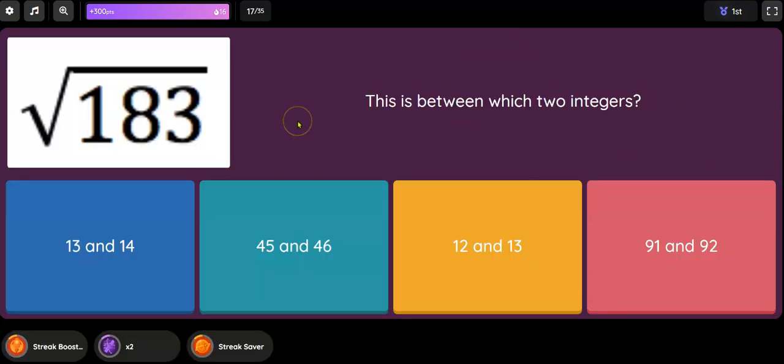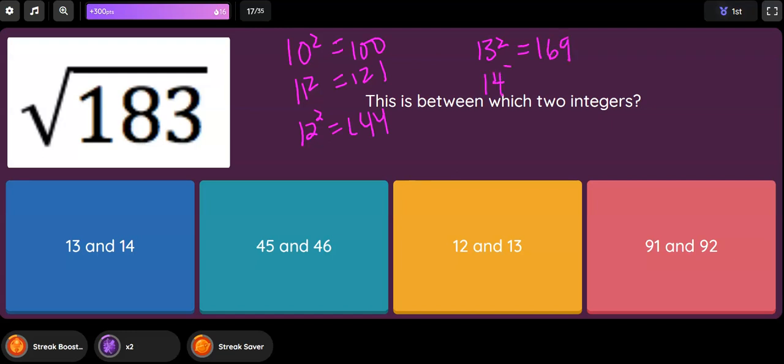For this question, you're asked to memorize the perfect squares from 1 to 15. Like 10 times 10 is 100, 11 times 11 is 121, it's 11 squared, 12 times 12, 12 squared, 144, 13 times 13, 169, and 14 squared, 196.